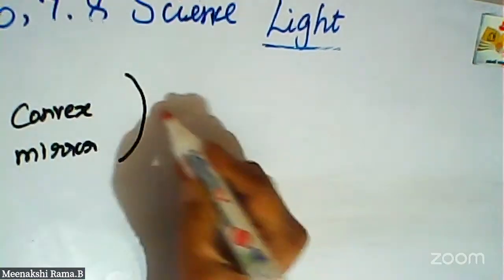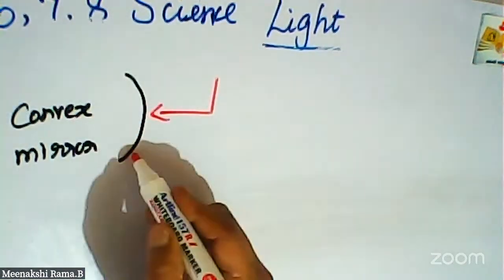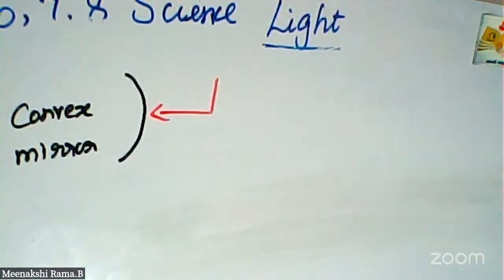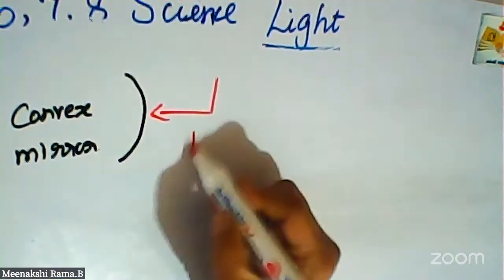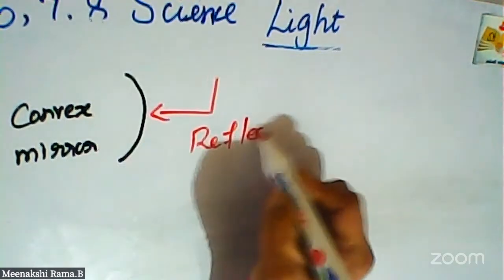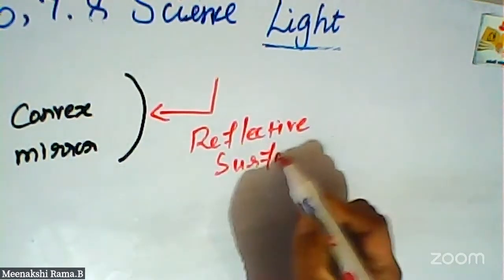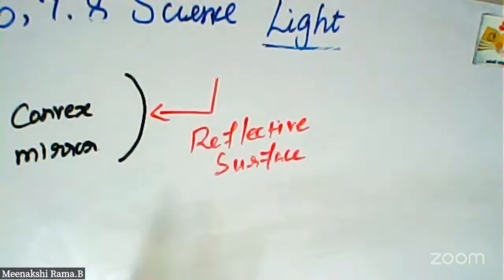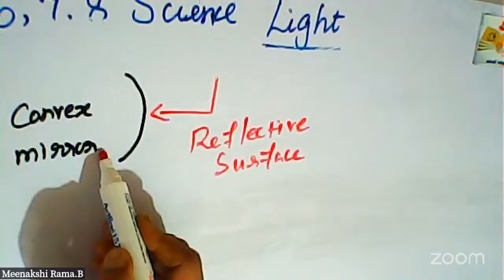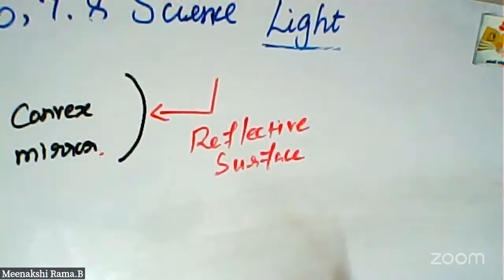The bent portion is called the reflective surface. In the convex mirror, this is the reflective surface. The reflection of the light occurs in the convex portion, so it is called a convex mirror.